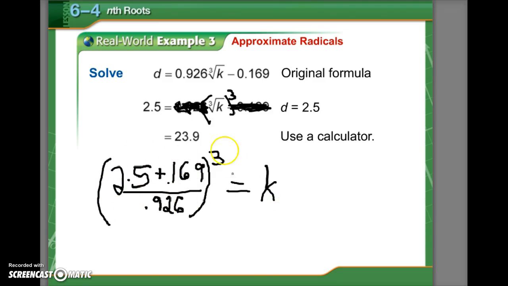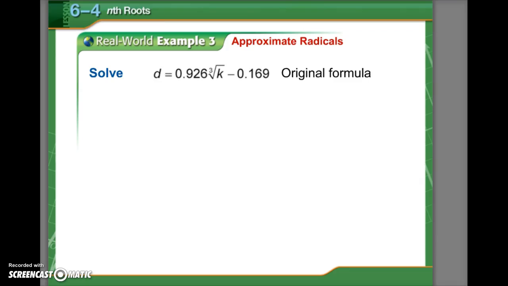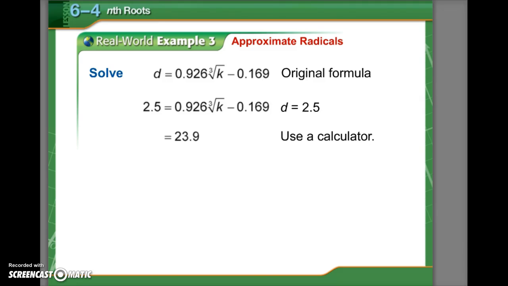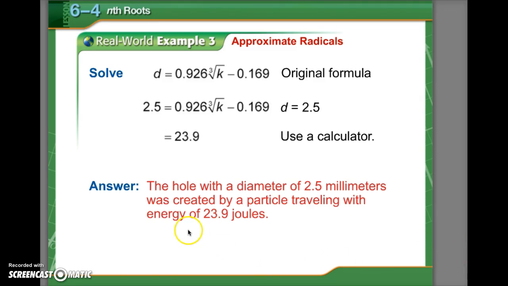And if you type this in your calculator the exact same way you see it here, you will get 23.9. So your final answer, what you're going to say: the hole with a diameter of 2.5 millimeters was created by a particle traveling with an energy of 23.9 joules.